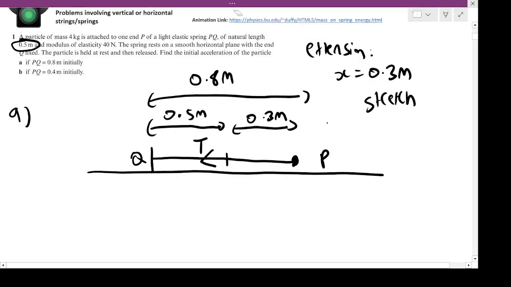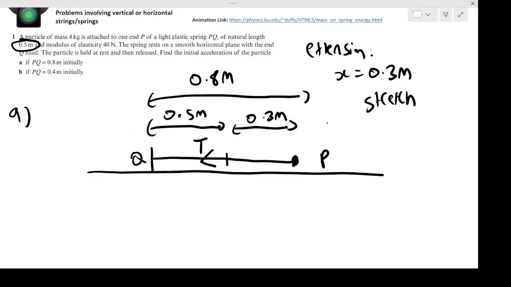In this example, the spring is being stretched forwards by the particle. It's the exact same scenario. We're told the particle's held at rest and then released, so we let go of the ball, exactly like we just saw.